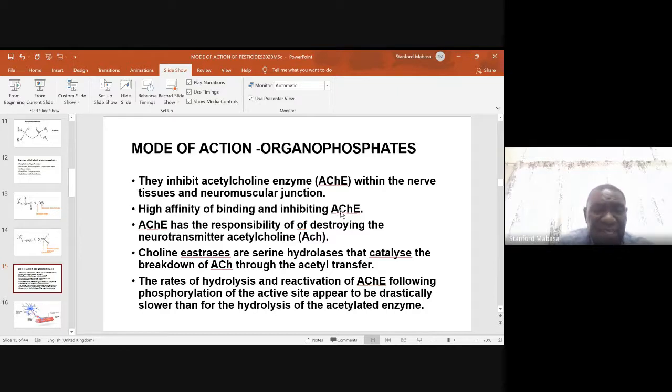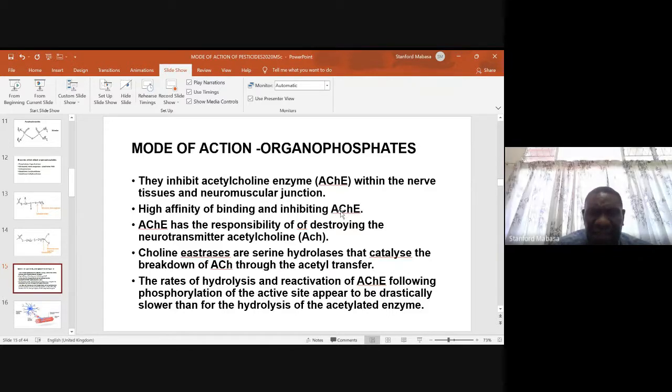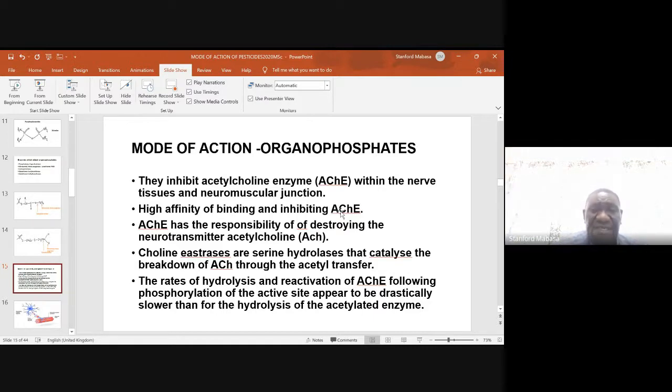Now, if we look at the rates of hydrolysis in the reactivation of acetylcholine enzyme following its reaction with a pesticide, which we call phosphorylation of the active site, that combination of a pesticide plus this enzyme is very slow to break down through hydrolysis.